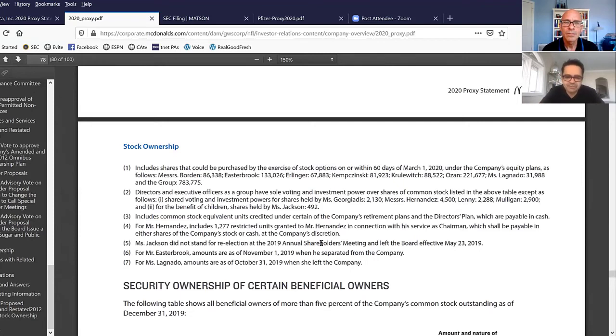And also something that we've done is, especially with restricted stock units, which are basically just deferred credits to receive a common stock sometime in the future, they aren't included in the table as beneficially owned because they don't have voting rights and they don't have investment power.